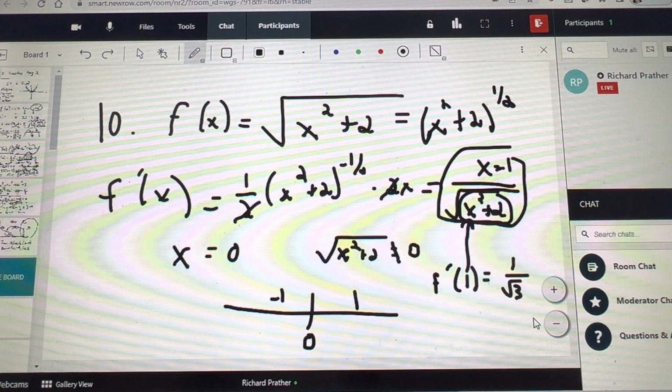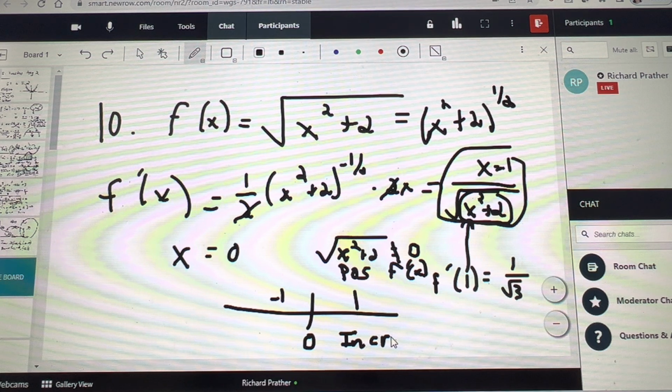I don't care what that equals. I don't care if in other classes, they might have you rationalize a denominator. It doesn't matter here. All that we care about is, is it positive or negative? It's clearly positive. The derivative is positive for any positive value that you plug in. Therefore, the original graph is increasing forever after 0.